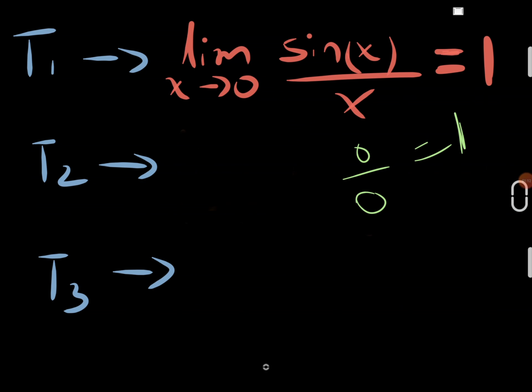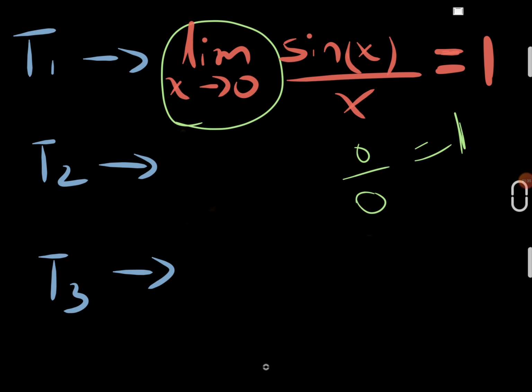No, it is not a lie. That is why this limit makes a lot of difference. What this says is, as x approaches more and more closer to 0, the fraction sin x by x approaches more and more closer to 1.